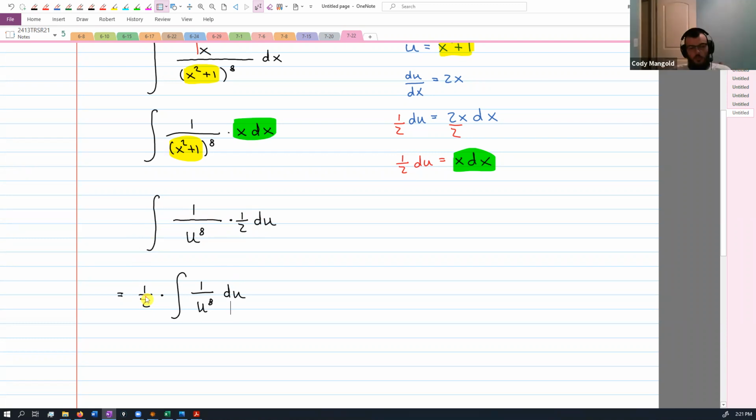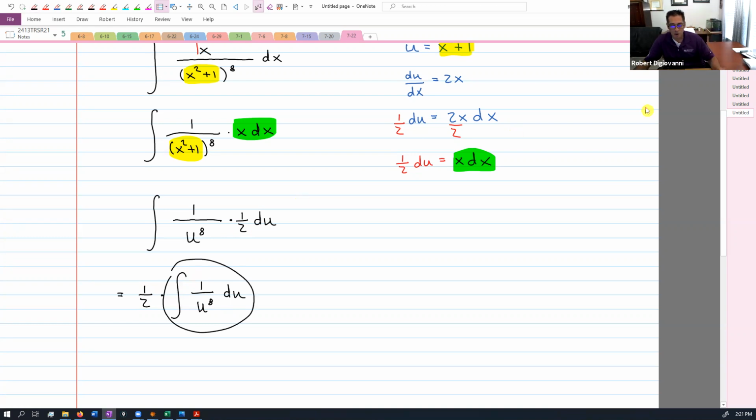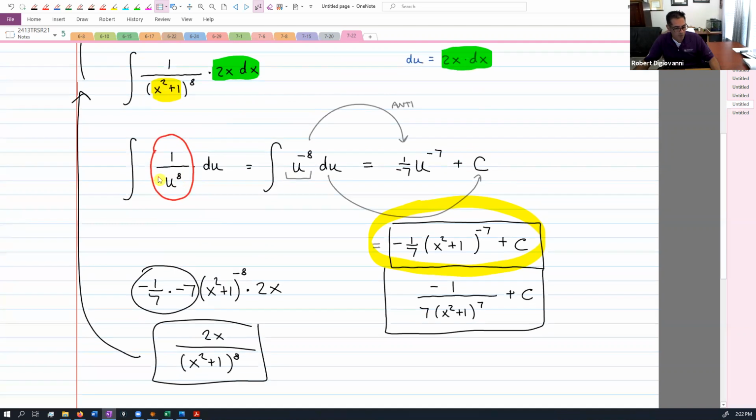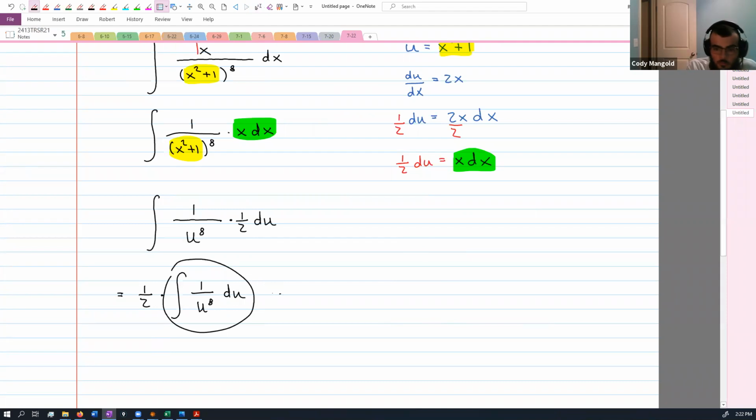Yeah, you just pulled it out because it was a constant. That's right. So I'm going to bring that 1/2 out, and then I'm going to do this. I already did that problem, right? We just did this, and it came out to be this answer, right? So we're going to have the same answer, but what are we going to have in front of it? Times 1/2.